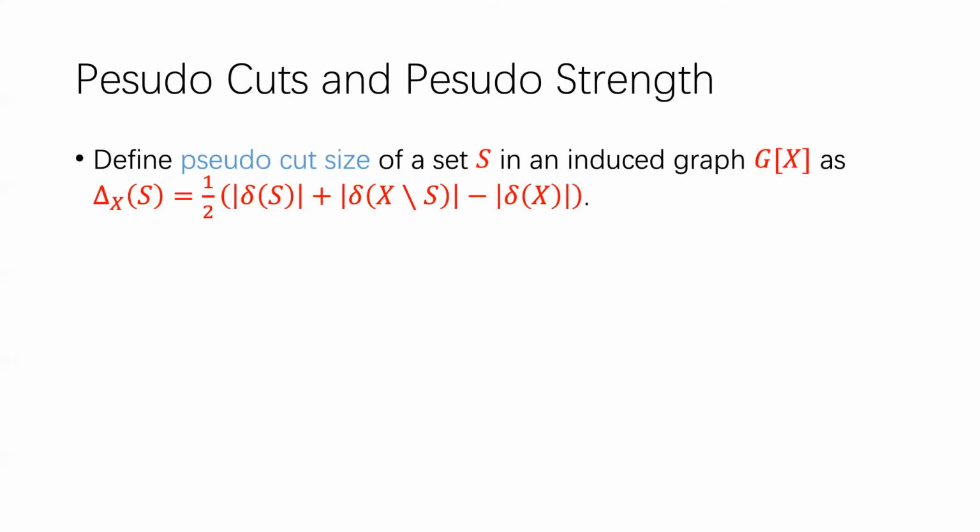So we define the pseudo cut size of a set S in an induced subgraph GX as delta XS equals half of the cut size of S and V minus S plus the cut size of X minus S and V minus X plus S, minus the cut size of X and V minus X.